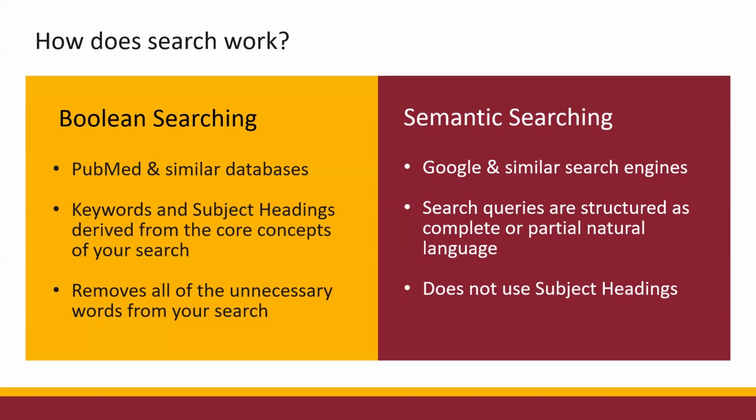So when we are searching on a search engine like Google, Bing, DuckDuckGo, etc., the kind of searching that we're doing is semantic searching. This is obviously going even further with AI now, but basically we are using our own natural, partial or complete sentences, as we would speak, as our search queries. We're not using subject headings or keywords. We're just putting in our sentences, or again, partial sentences, to get results. And that's how those algorithms are set up to pull results.